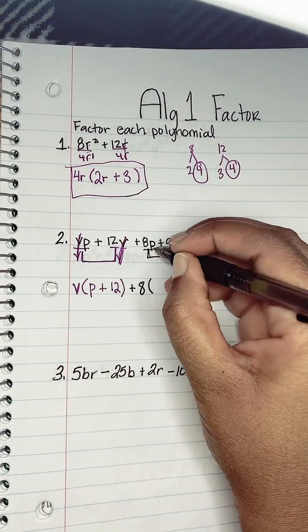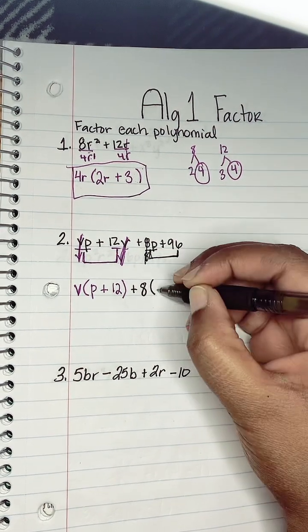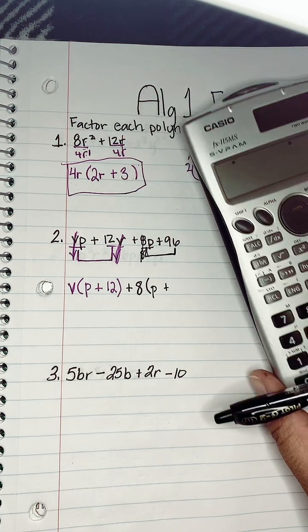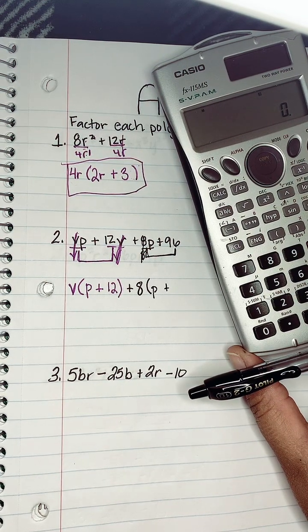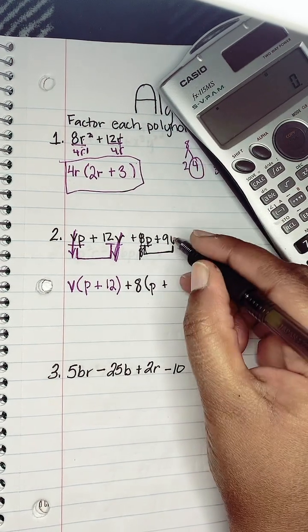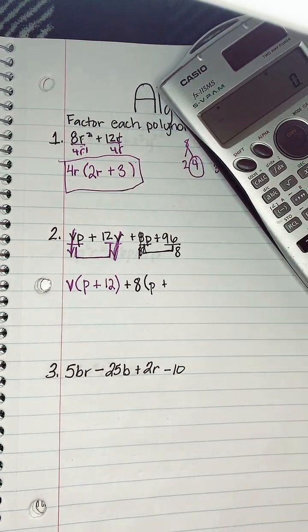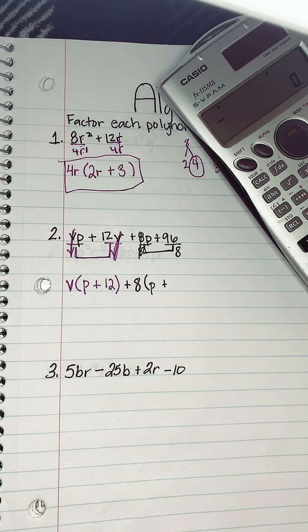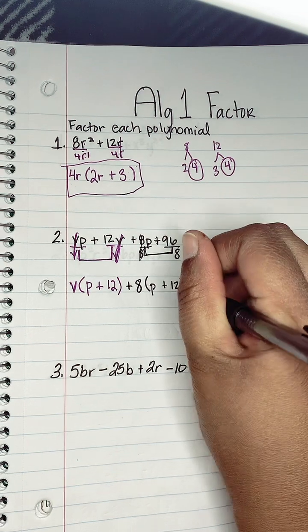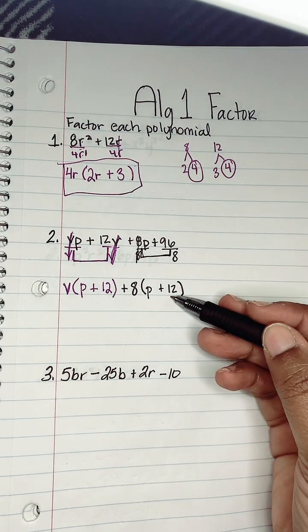Now, if we divide this by 8, we're left with just a P plus, we're going to take out our calculator because I don't know that off the top of my head. No, if we divide this by 8, we have to divide this one by 8. Good, so you guys are saying 12. I'm seeing 12s coming in. Okay, anybody disagree with this?